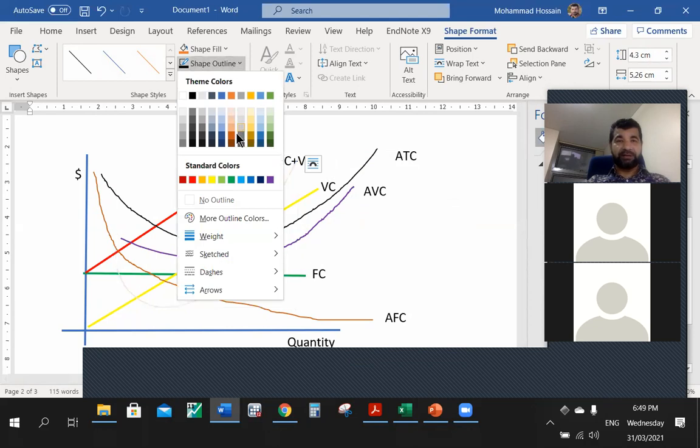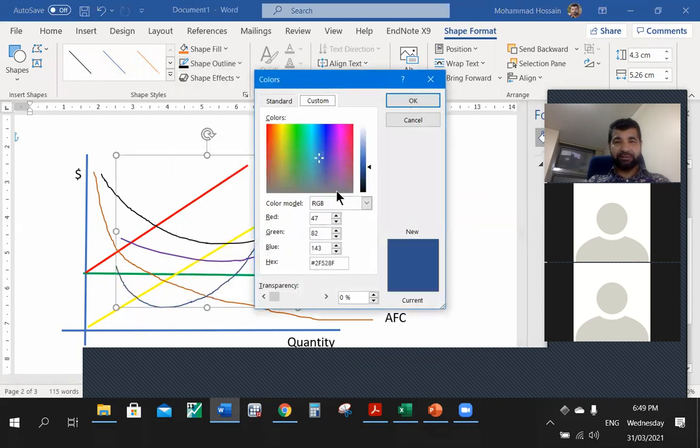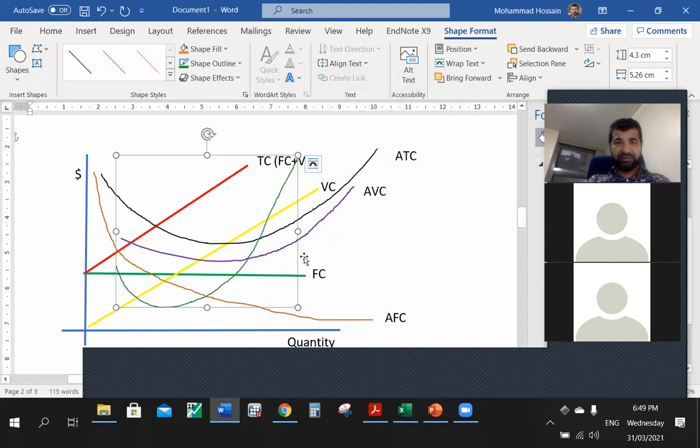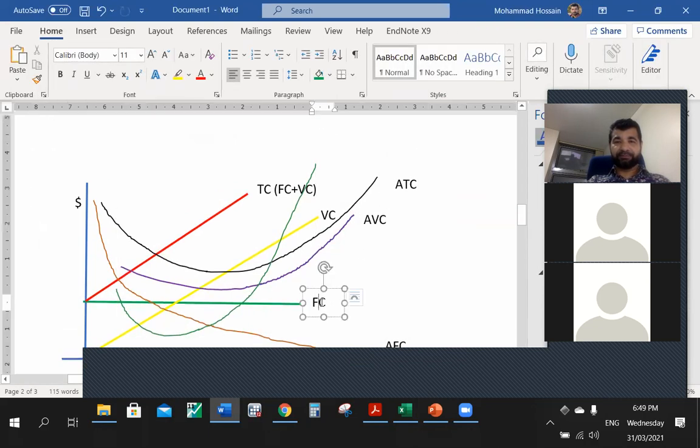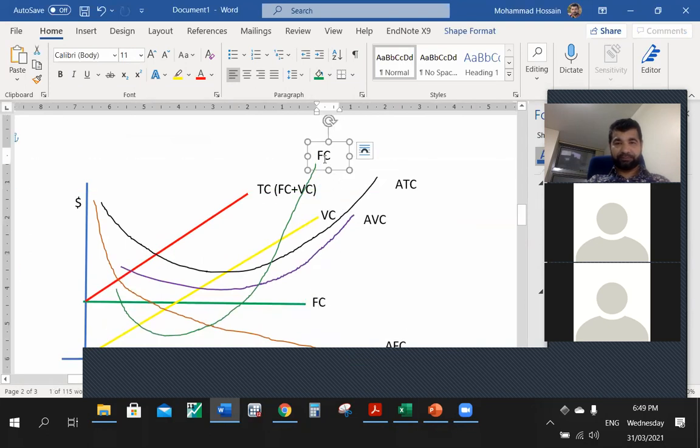Let's see the color. Which color can I give? More color. Right. Okay. Dark green. Okay. This one will be marginal cost. Marginal cost.